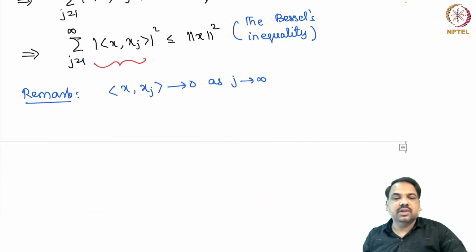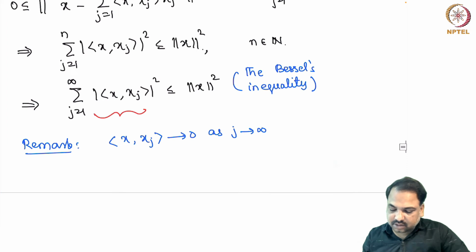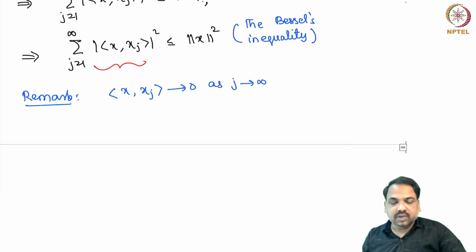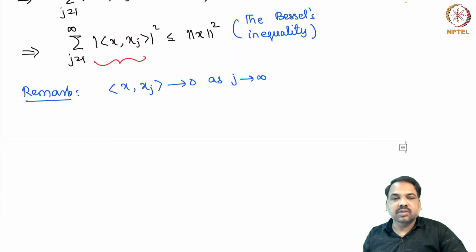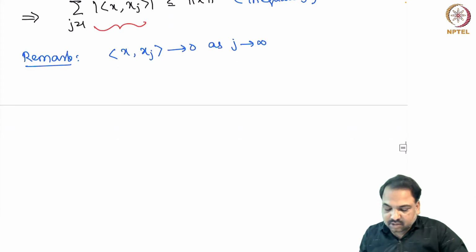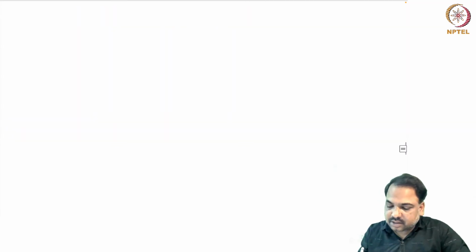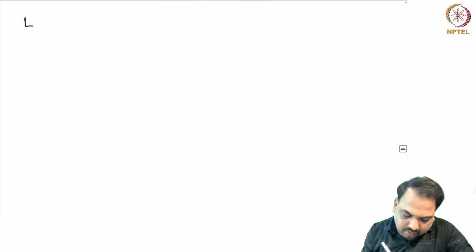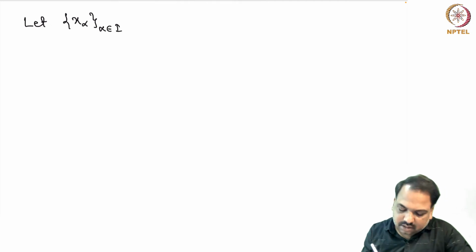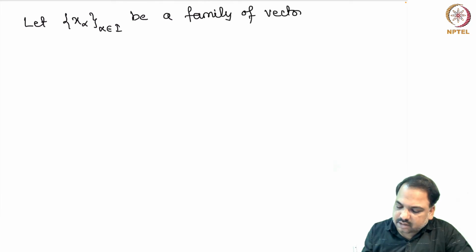There is another way of expressing Bessel's inequality using a family of vectors. Instead of taking countable vectors, we can take uncountable also. Let us look at that part. Let x alpha, alpha in some index set I, be a family of vectors in an inner product space X with this inner product.